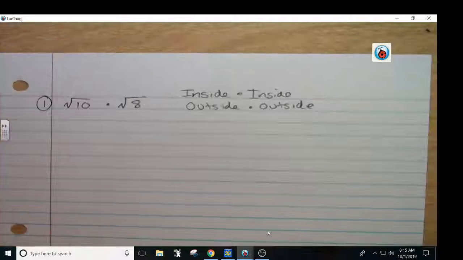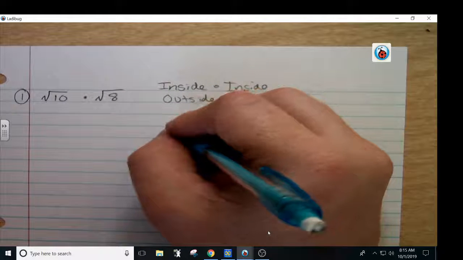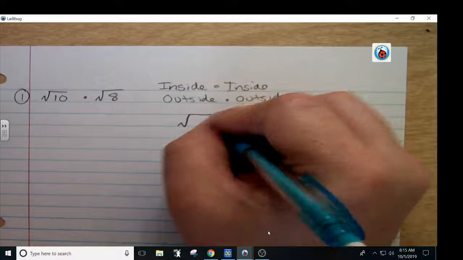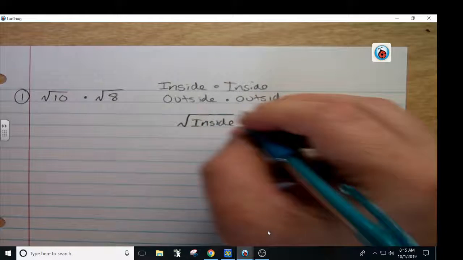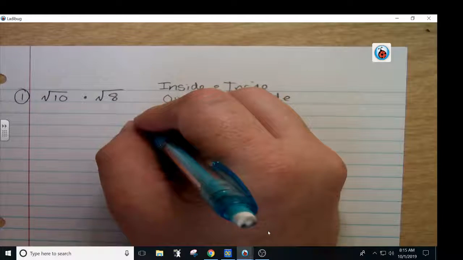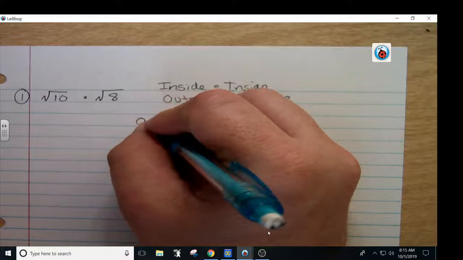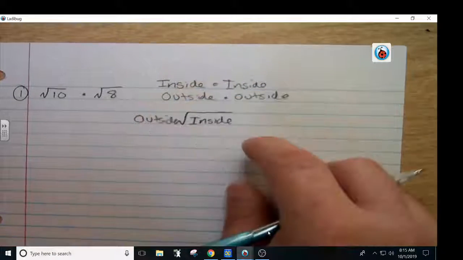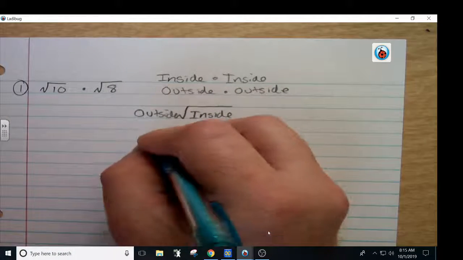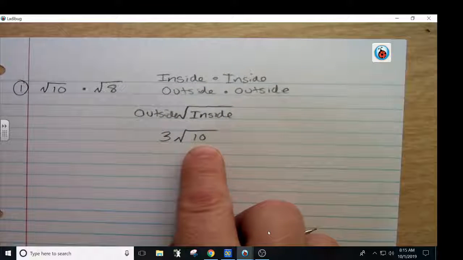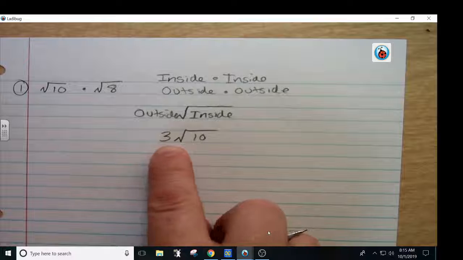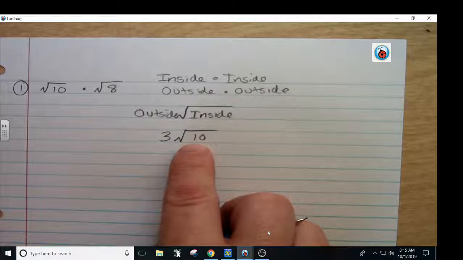To be inside means the number is inside the radical. To be outside means to be a multiplier on the outside. So say you've got 3 square root of 10: 10 is an inside number, and 3 is an outside number. Does everybody understand that?